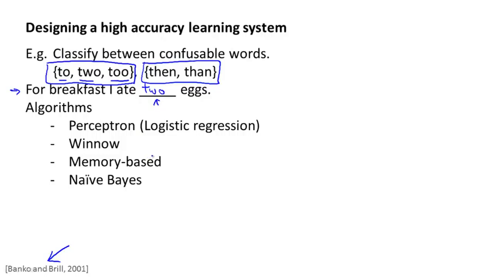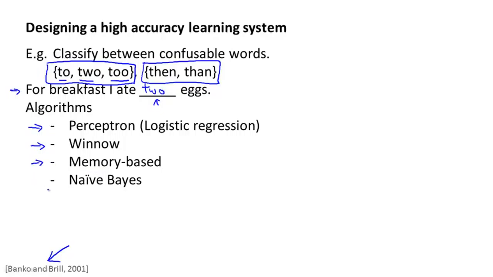They took a few different learning algorithms which were considered state-of-the-art back in the day when they ran this study in 2001. So they took a variant, roughly a variant on logistic regression called a perceptron. They also took some other algorithms that were state-of-the-art back then but are somewhat less used now. So the Winnow algorithm, also very similar to logistic regression but different in some ways, much used then, somewhat less used now.